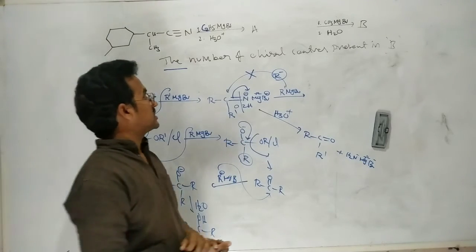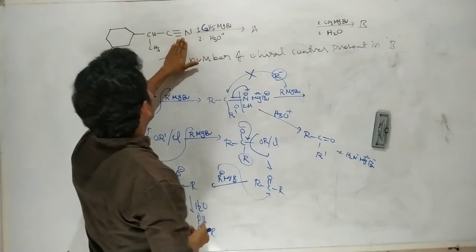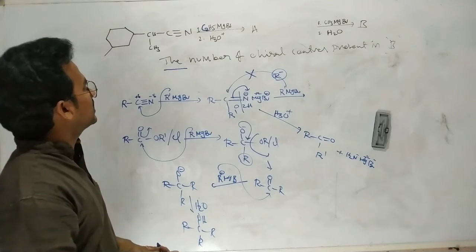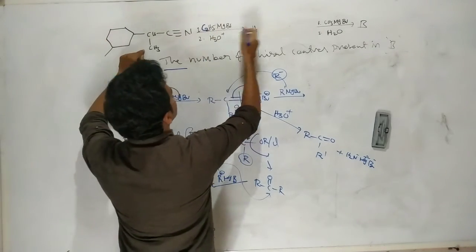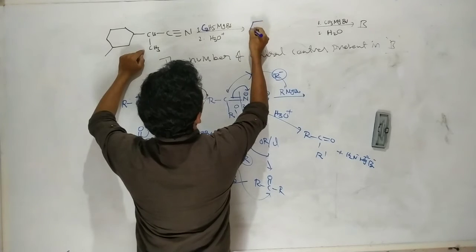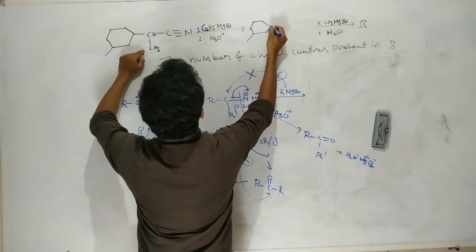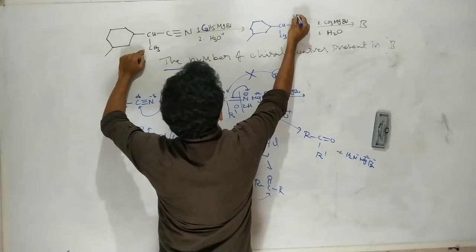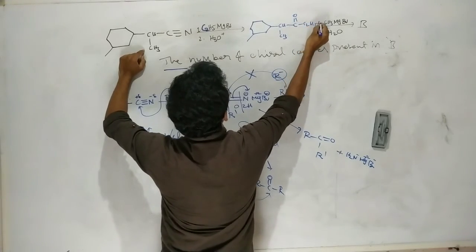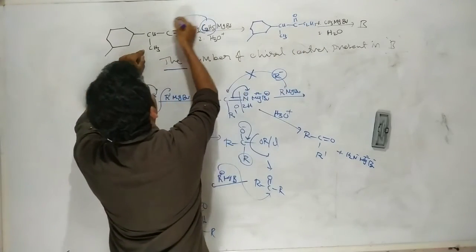Now this alkyl cyanide on reaction with ethyl magnesium bromide followed by hydrolysis gives the product CH3, CH, CH3, C double bond O. This one is the ethyl group from the Grignard reagent.